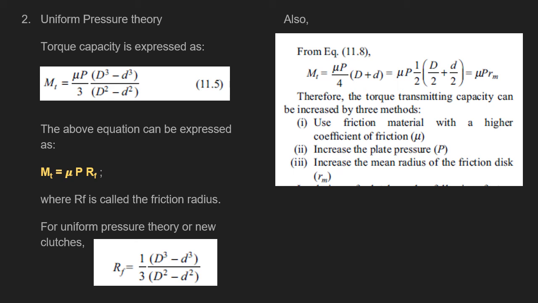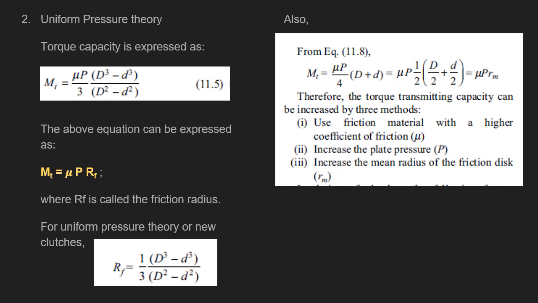Also, if you look at uniform wear theory, where the torque was given by mu p by 4 into d plus d, you can split it up into mu p into half of d plus d by 2, which is the average, isn't it? This d plus d by 2 will be the average radius, right? Therefore, you can denote it as mu p into Rm, where Rm is the mean radius, right?